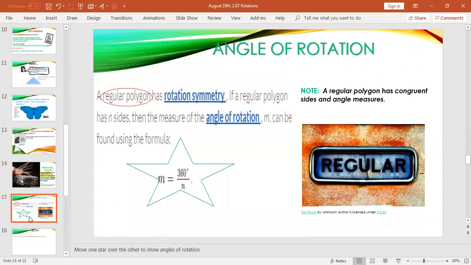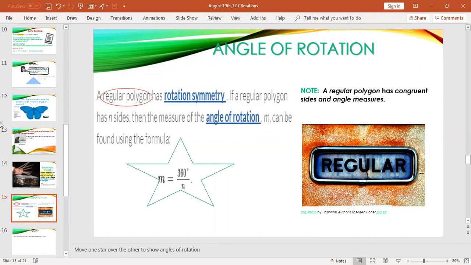All right, so a regular polygon has rotation symmetry, okay? Now, if the figure, unlike the butterfly, has congruent sides and congruent angles, then it's a regular figure.